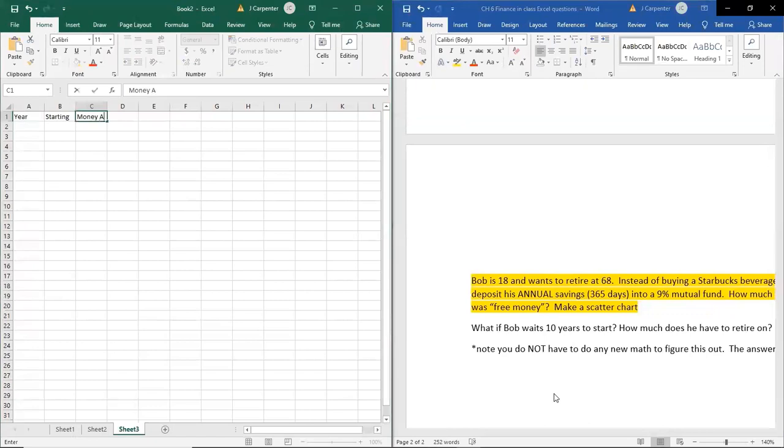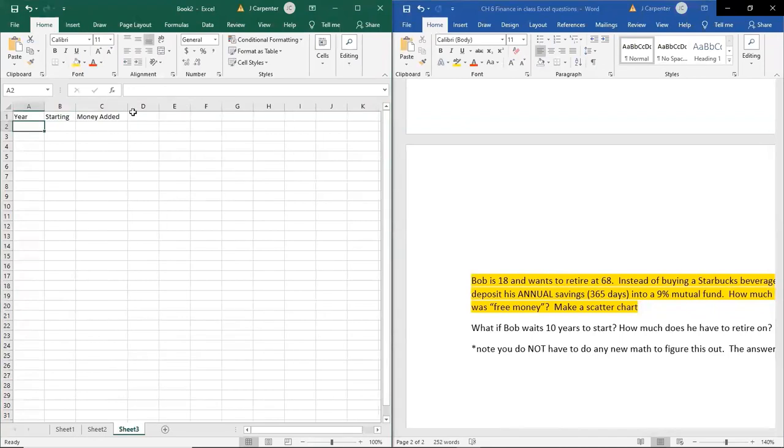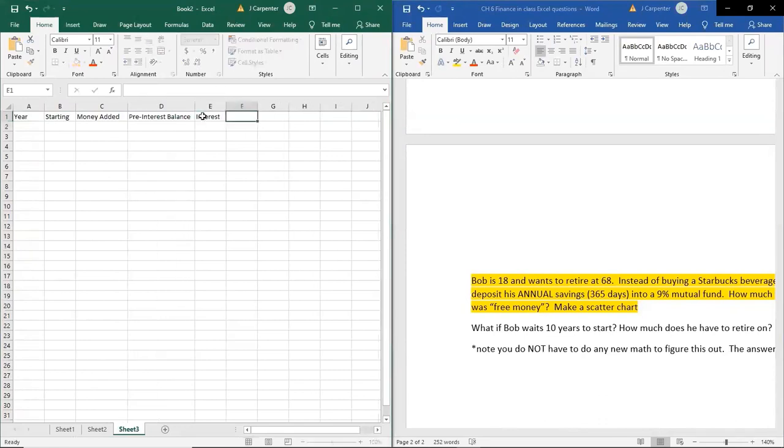So I need a column for money added each year. So I did not need to hit enter. That's okay. Then I'm going to have a column for how much we have before we get interest. Then I'm going to have a column for how much we actually get for the interest, and then for the ending balance.